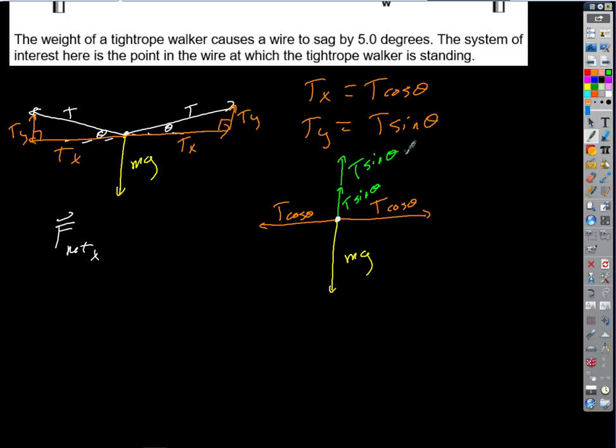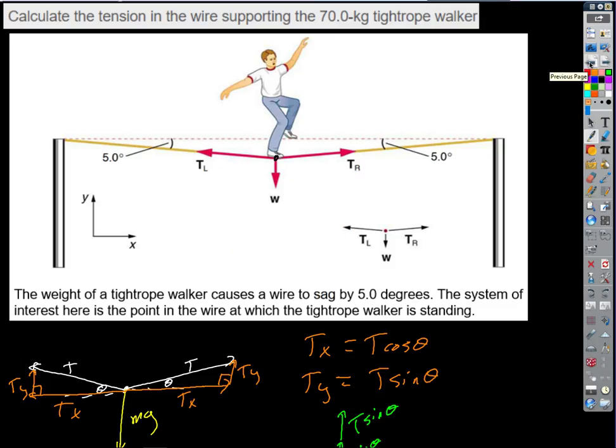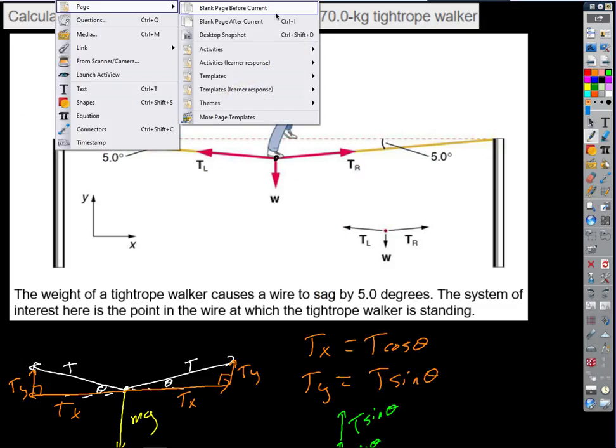And would any of the normal force be in the T cosine theta? No, right? And what we're going to see is that, I guess if you wanted to look at this with a microscope, we have to be careful about picking our system. It's a good question. Let's just take where he's stepping on the cable, like a blown up version of that.